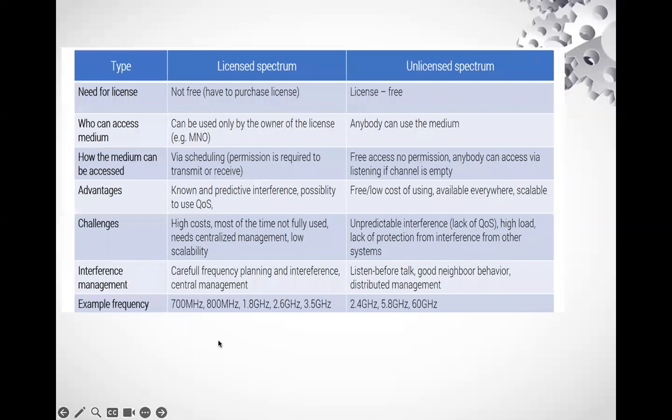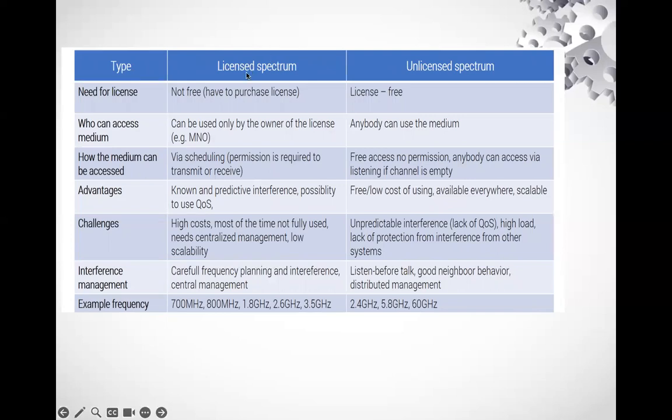So let us discuss the differences between licensed spectrum and unlicensed spectrum. If we have to get hold of a licensed frequency spectrum, it is not free. We need to purchase that frequency spectrum, and that frequency spectrum is quite expensive. Whereas if you go for unlicensed spectrum, the spectrum is free.